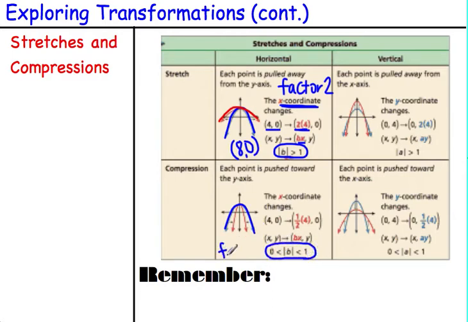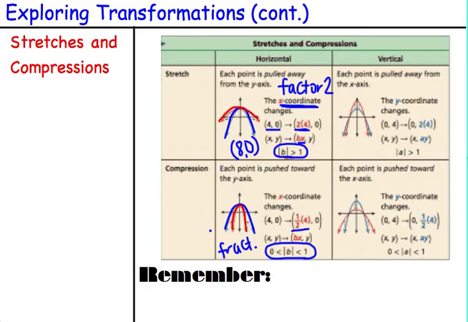This is going to be some fraction value. In this case, say the factor is 1/2, we would take that 1/2 and multiply it by 4. That would give us that 2, 0, which ends up giving us this really skinny function because everything is being pushed towards the y-axis.